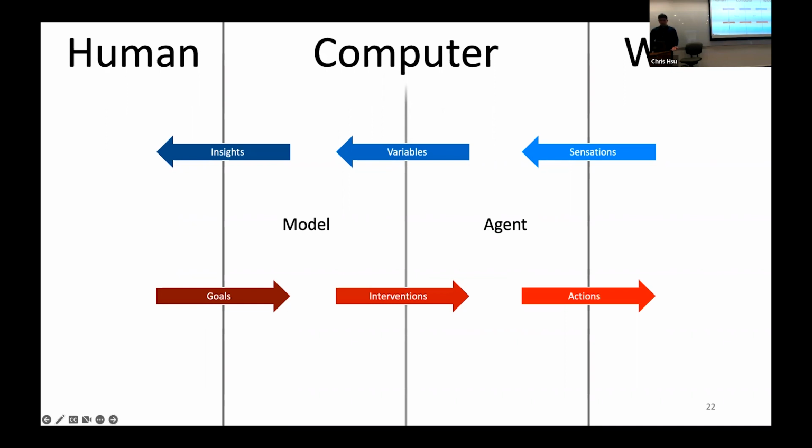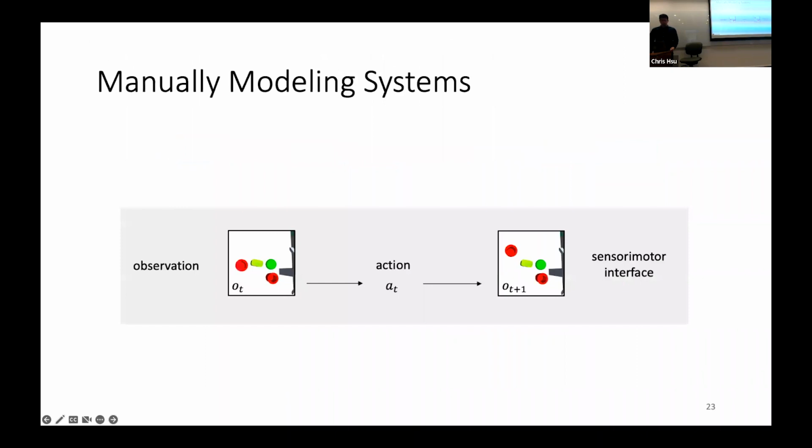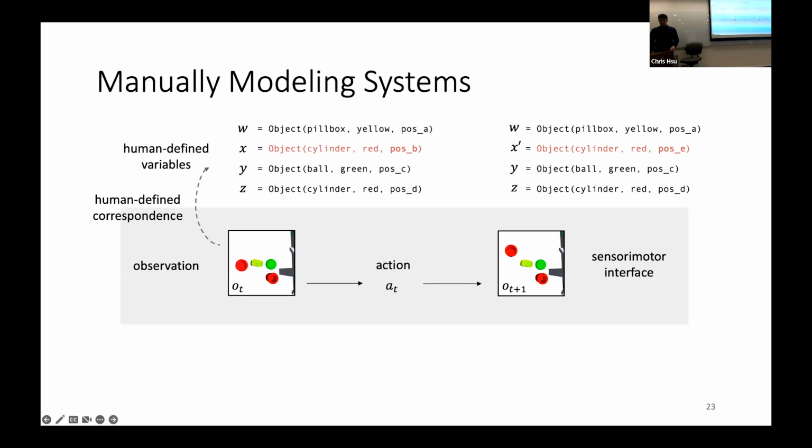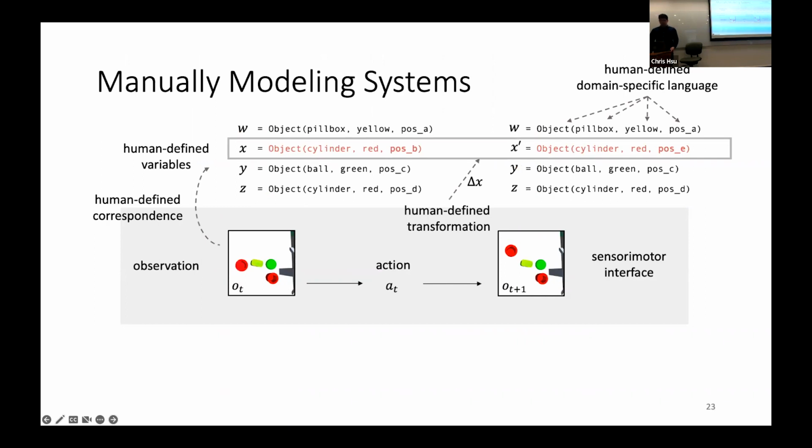So we can program with goals rather than program with procedures. For example, the manual approach to modeling this system of objects is for humans to abstract the scene into variables, in this case as representations of objects, and write code for the domain-specific language and transformations that process these variables.